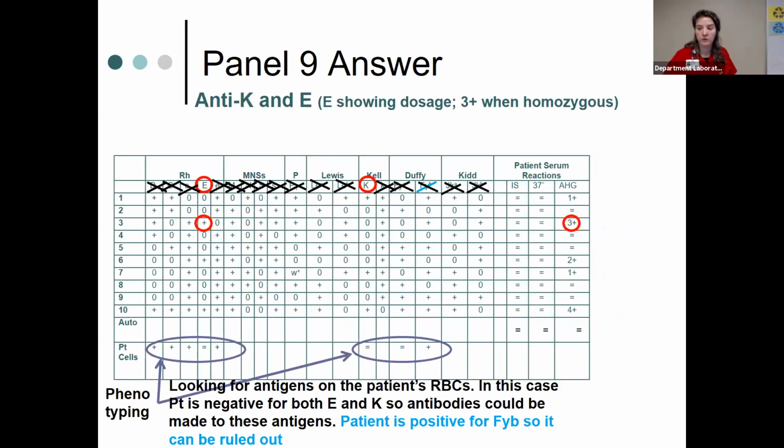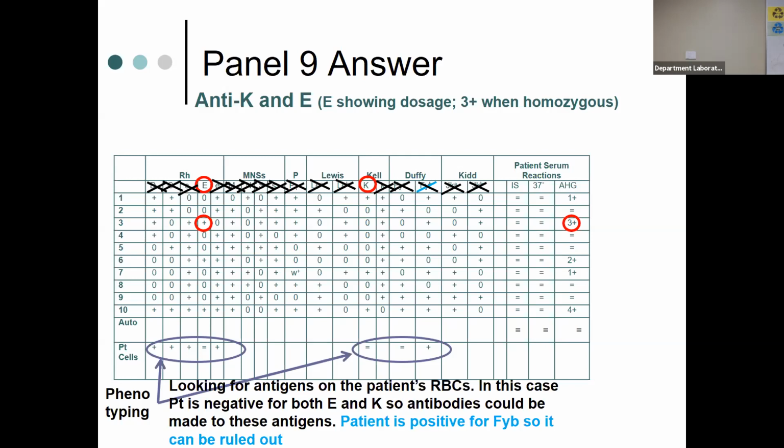So if you do your ruling out, here's what you get. Notice panel cell 1, our possible antibodies, you have big E and Kel, right? Panel cell 1 is E negative, but Kel positive, and is it homozygous or heterozygous? Heterozygous.